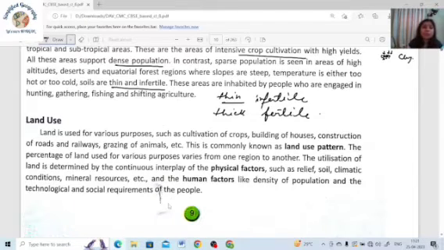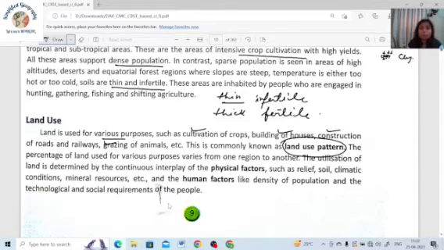So, land use. Here, land is used for various purposes, such as cultivation of crops, building of houses, construction of roads and railways, grazing of animals, etc. This is commonly known as land use pattern. That means in what ways you are using the available land.